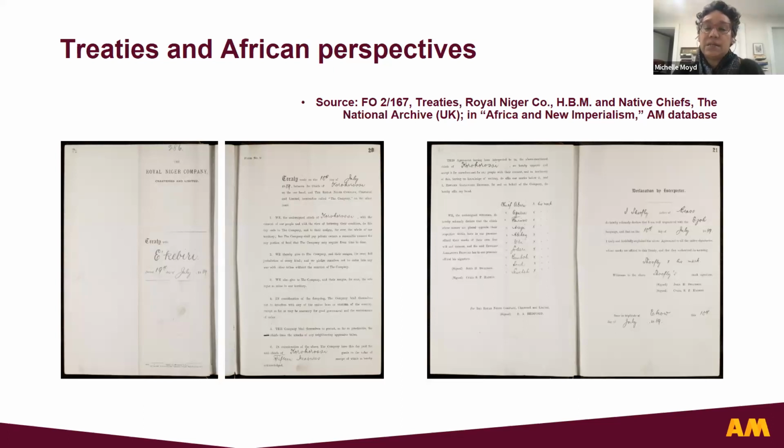And in this case, it says, I, Shu Fly, native of Brass. So Brass is the area that I was showing you on the map. And then it goes on from there, as his testament to the fact that he has translated what went on in discussions between these two parties, or these many parties actually.